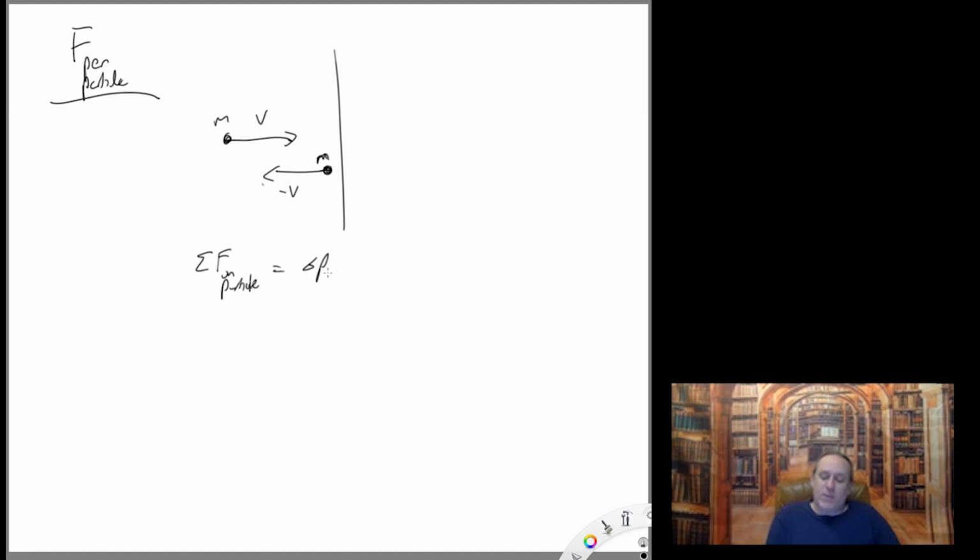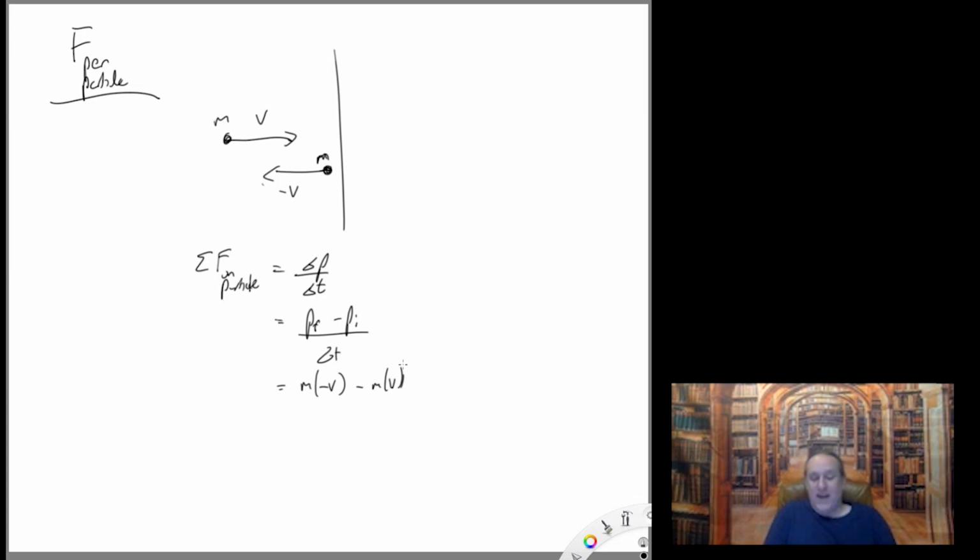would be the change in momentum over change in time. That's the momentum version of Newton's second law. So first I'm going to find the force on the particle, and then using Newton's third law, whatever's the force on the particle from the wall, the force on the wall from the particle must be the same amount, but in the opposite direction. So this is going to be P final minus P initial over delta T, and that would be m times minus v minus m times v.